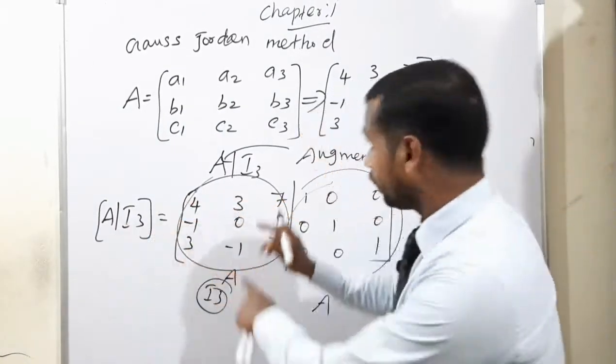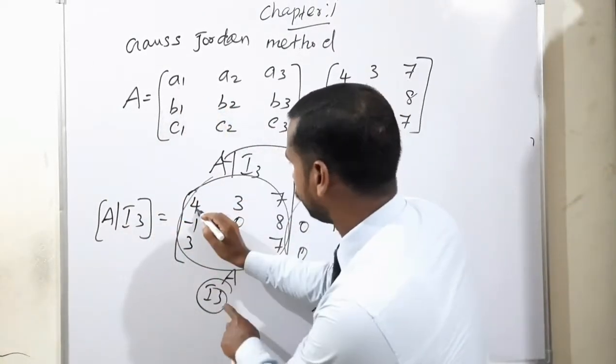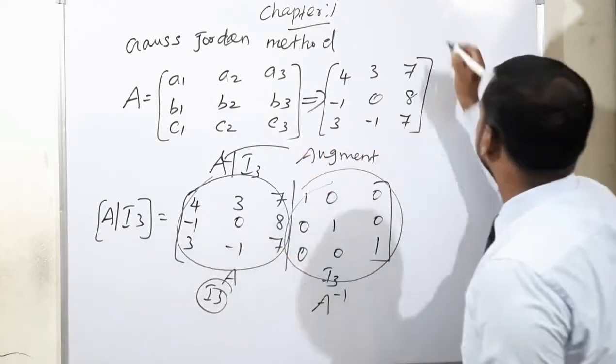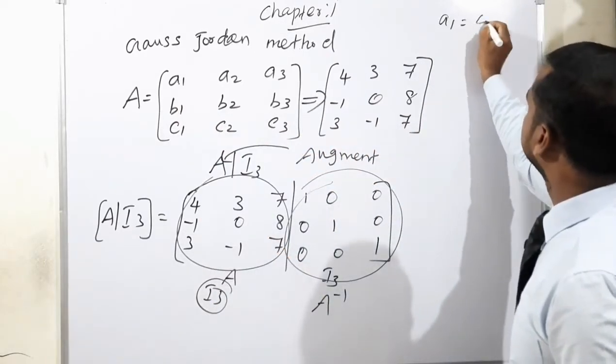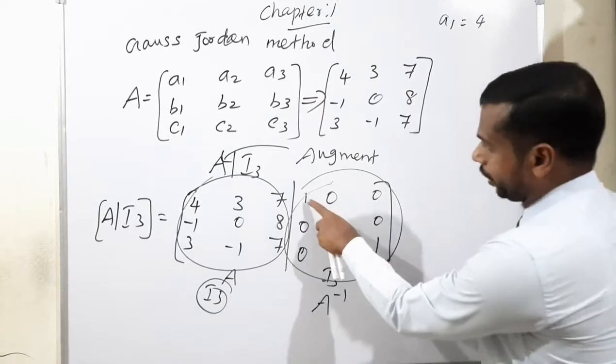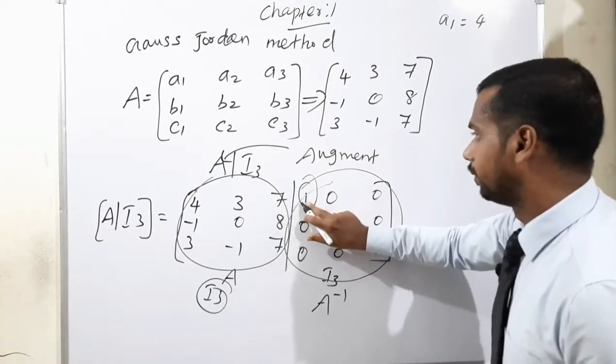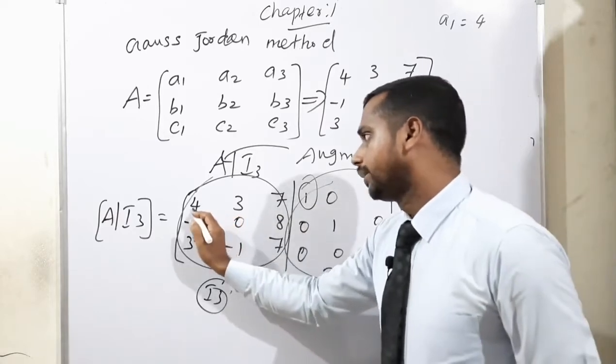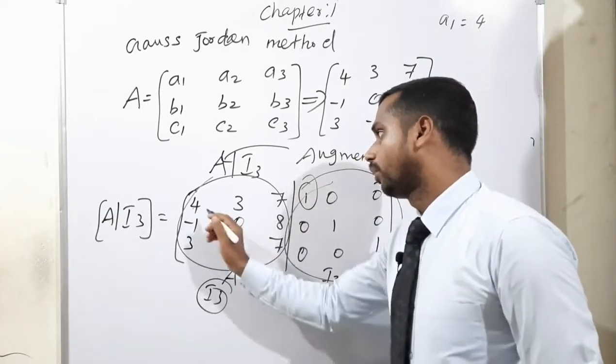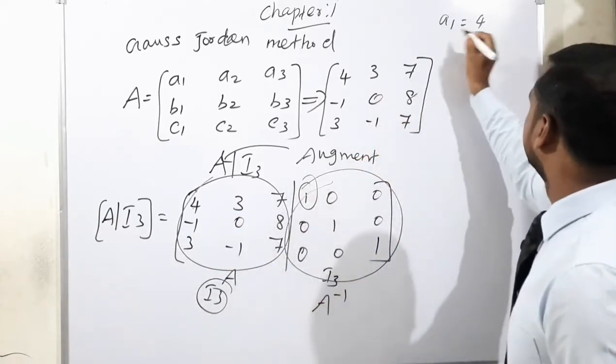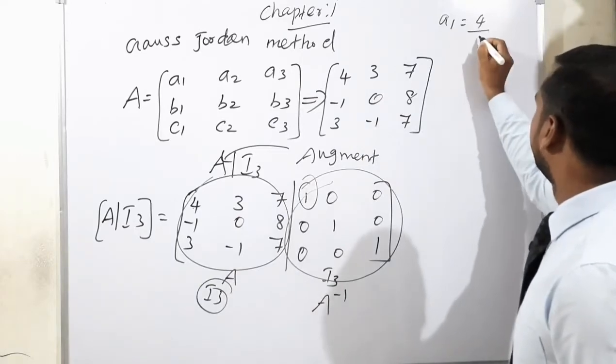What is the value of A1? 4, isn't it? A1 is equal to 4, but according to the identity matrix, the first leading diagonal entry needs to be 1. So instead of 4 to get 1, we divide each and every term of the first row by 4.